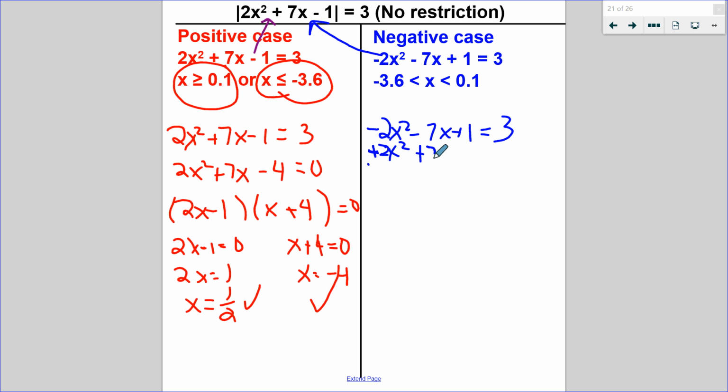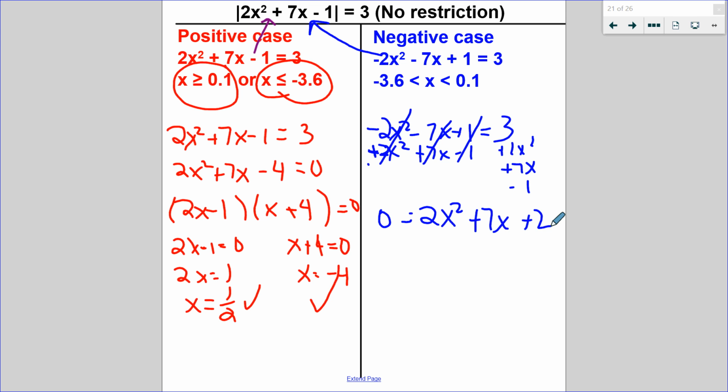I'll add 7x to both sides and subtract 1 from both sides, just to get it set to 0. So this is now all 0. So I have 0 equals 2x squared plus 7x, and 3 take away 1 is 2.